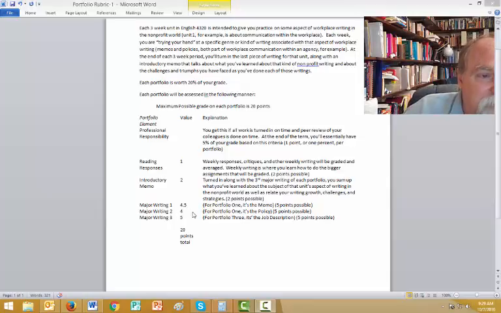4.5 out of 5 in the first piece of writing, which is the memo. 4 out of 5, still good, but not as good on the policy. And then he really nailed the job description, so he got a 5 out of 5.